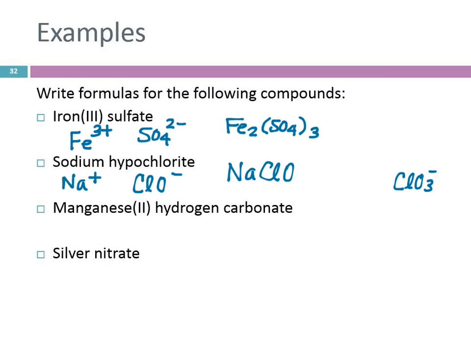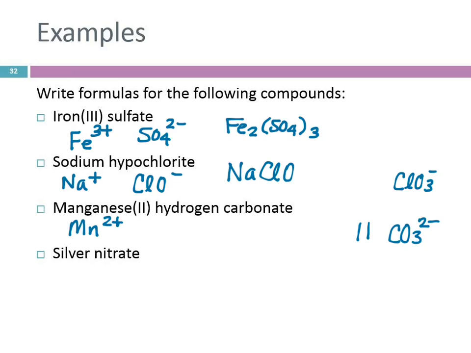So manganese, not to be confused with magnesium, or that fictional creative element manganesium, one of my favorite student errors. Manganese is Mn. 2 plus, we get that from the Roman numeral. Hydrogen carbonate. Well, what's the formula for carbonate? CO3, 2 minus. Hydrogen carbonate has a hydrogen ion added to that.